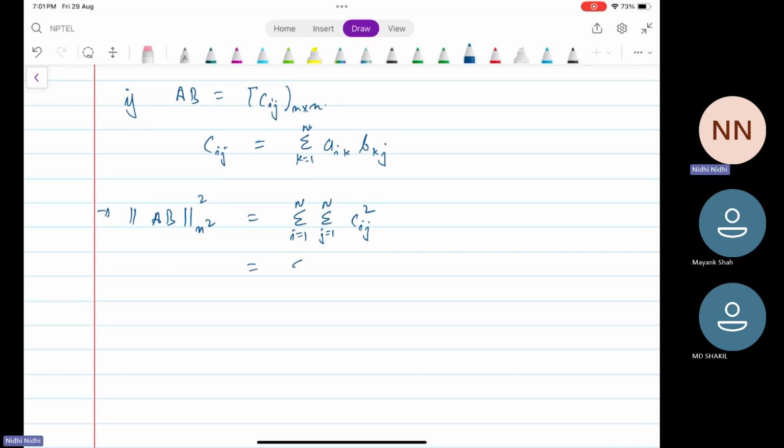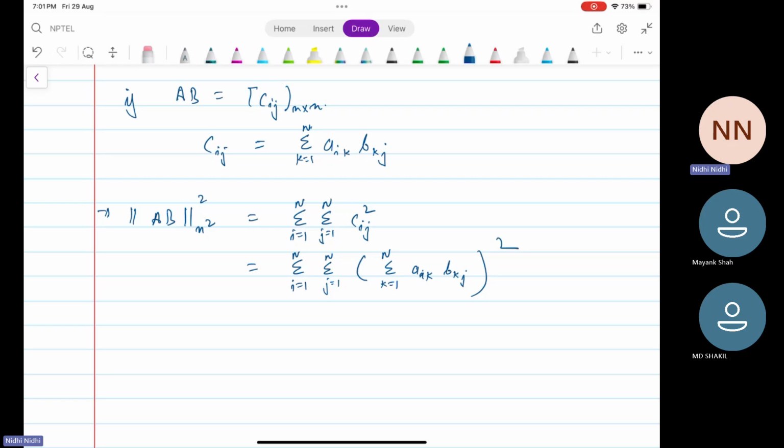And we know that our Cij is given by the summation k from 1 to n of aik bkj, and we take the square of this.